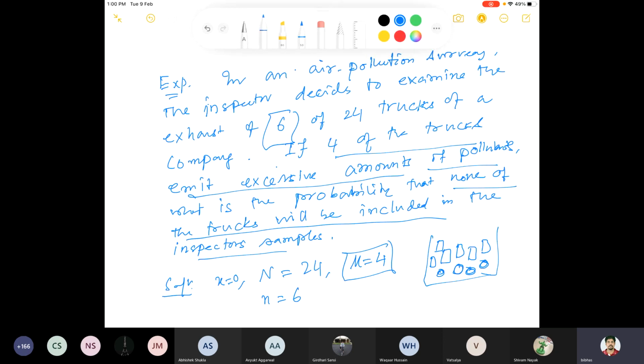So when the problem is given to you, from that problem you have to decide the situation. Everything is discussed in terms of success and failure, so you have to choose success and failure in such a way that will fit one of the distributions.